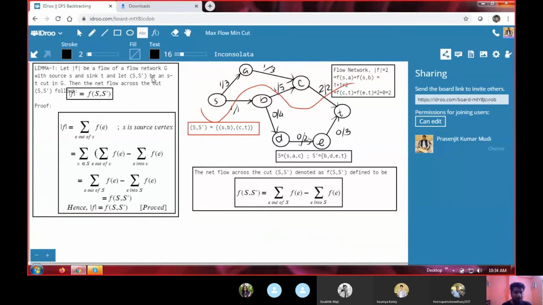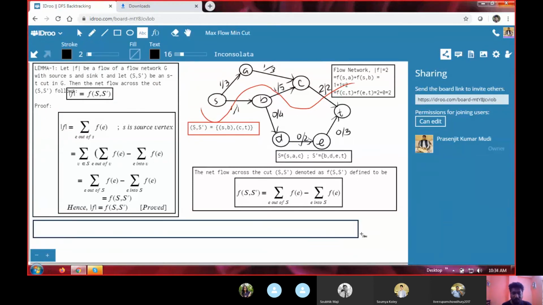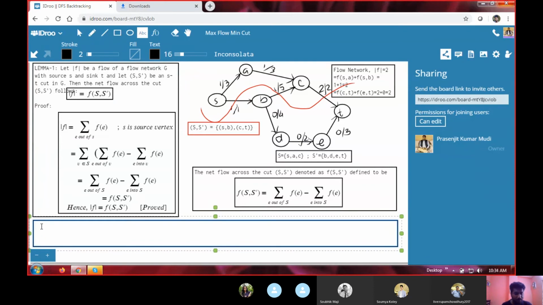For this example, so this is very important. Illustration C. So we have mod f equal to flow of S comma A plus flow of S comma B. That is the definition of flow of this network.